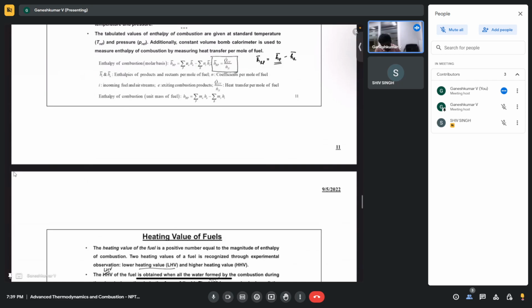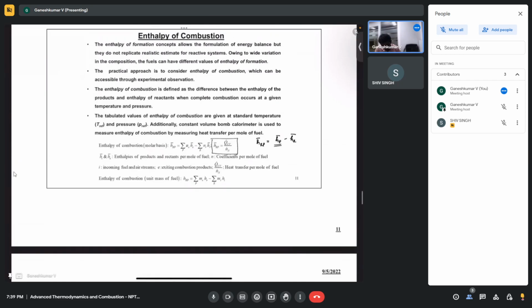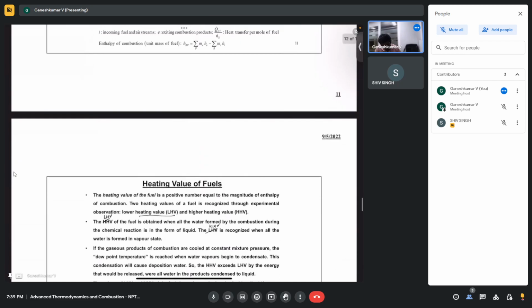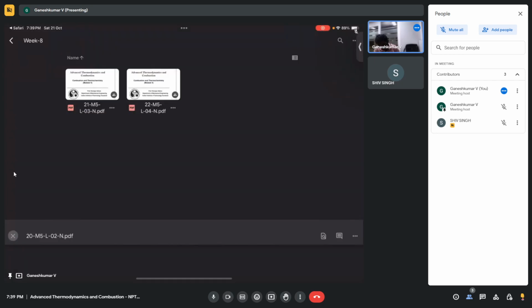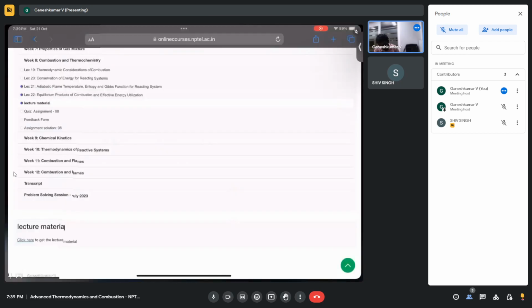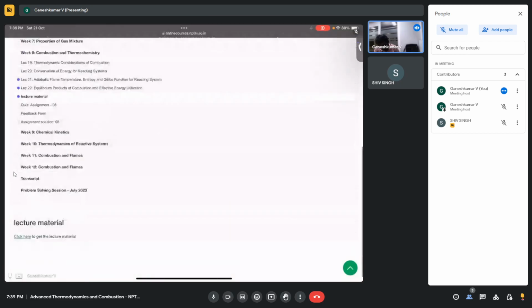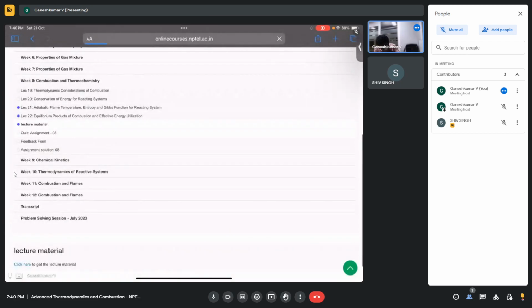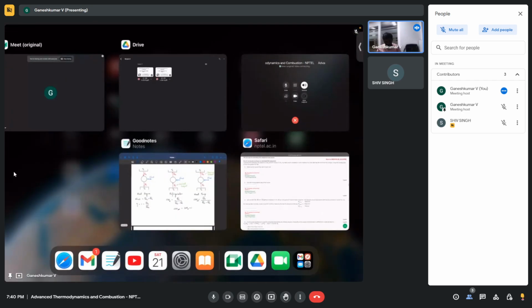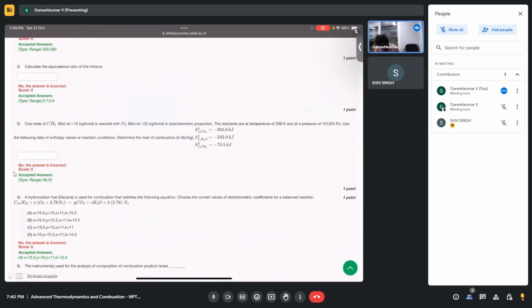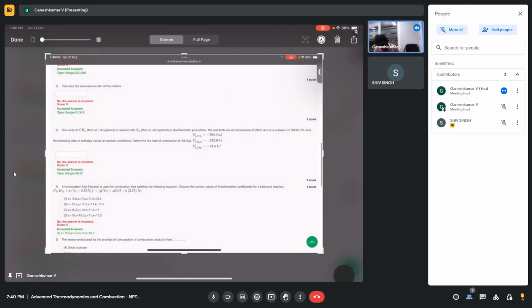Exiting combustion product minus reactants. Maybe what I will do is I will solve it so that you can understand it easily. So you know what is enthalpy of combustion, right? So let me explain that first.